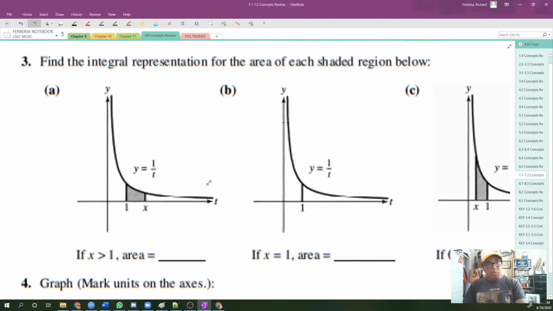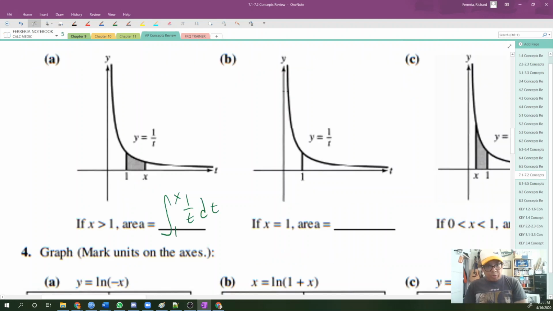The area between 1 and x on the curve of 1 over t is the integral from 1 to x of 1 over t dt. By definition, the integral is an area. Now this one over here, if x equals 1, well, there's no area to be had. So we're integrating basically from 1 to 1 of 1 over t dt.